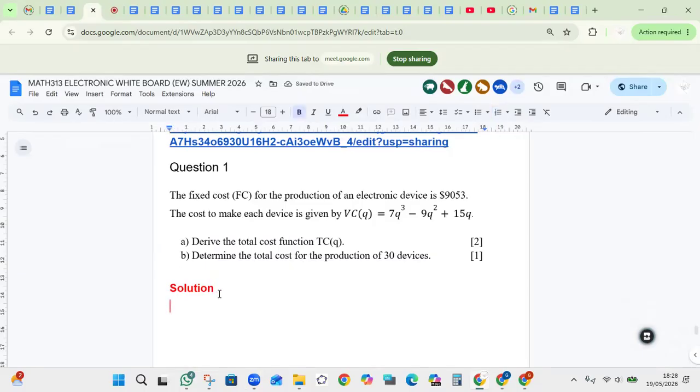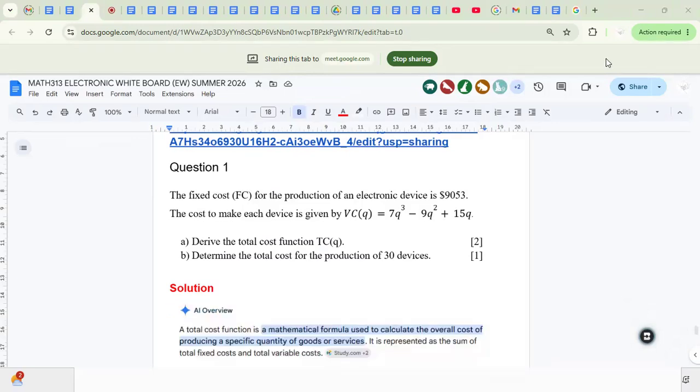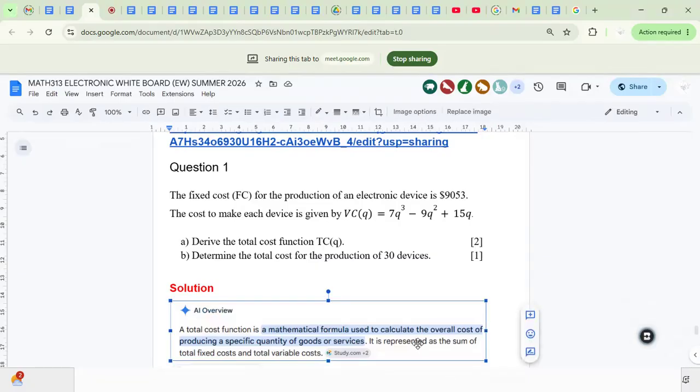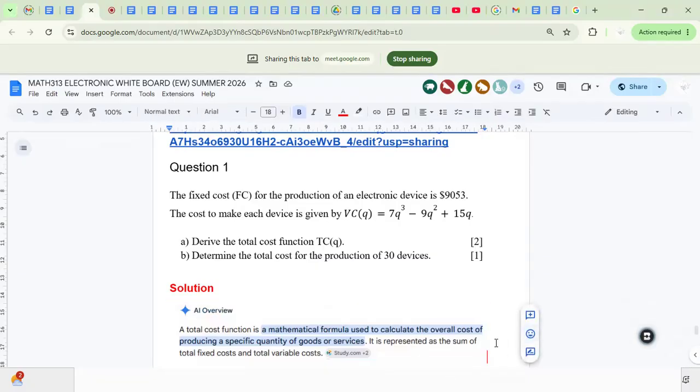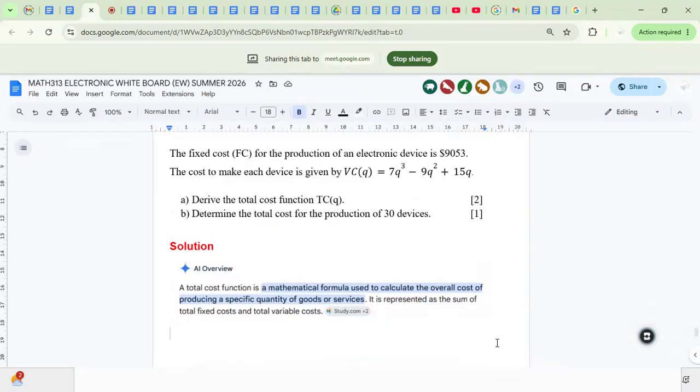So let me provide you information with what does total cost function mean. The total cost function is a mathematical formula used to calculate the overall cost of producing a specific quantity of goods or services. It is represented as the sum of the total fixed cost and the total variable cost.